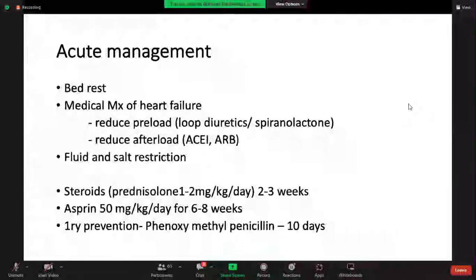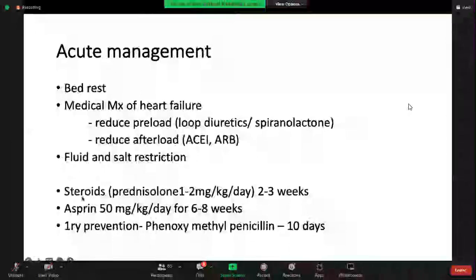So you use loop diuretics, spironolactone to reduce your preload, and afterload by using ACE inhibitors and receptor blockers. Right. What else? I have given it here, basically the management. Bed rest is important and you have to reduce the cardiac overload by restricting fluids.